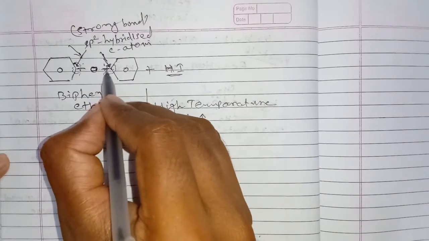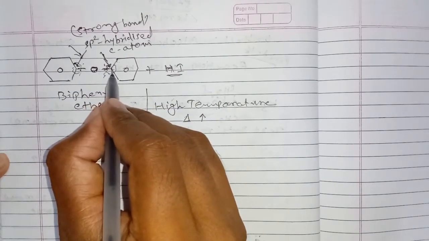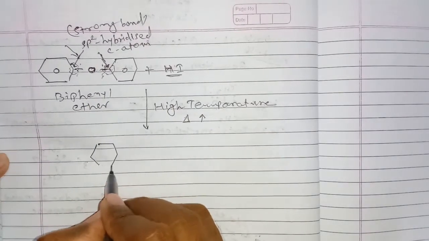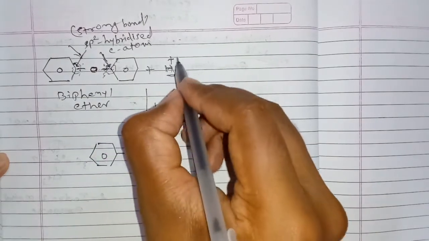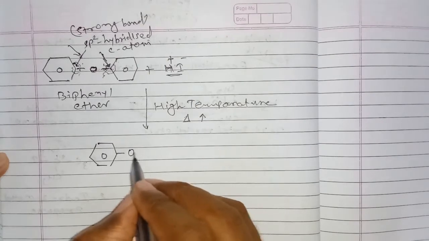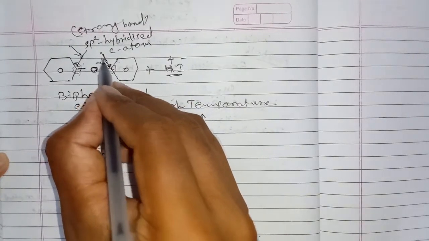On cleavage of this oxygen and sp2 hybridized carbon atom, it forms this part with partial positive and negative charge. Here it will be negative.